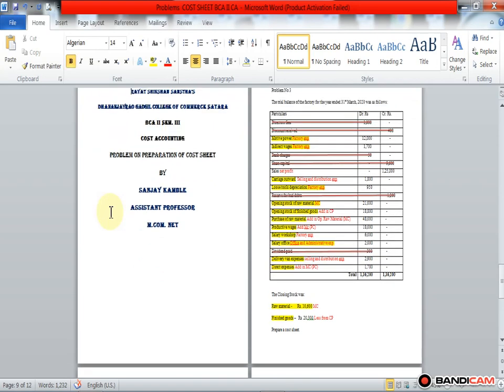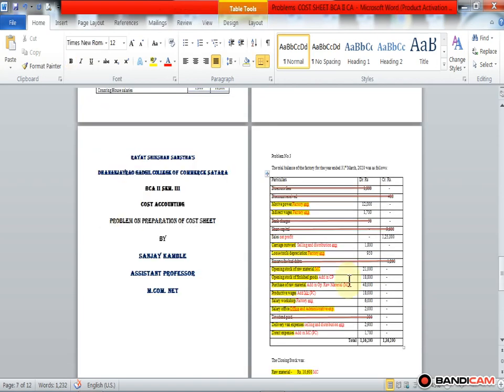Many expenses which are related to financial accounting, we ignore them and then prepare the cost sheet. So in today's lecture we studied problem number third on preparation of cost sheet.